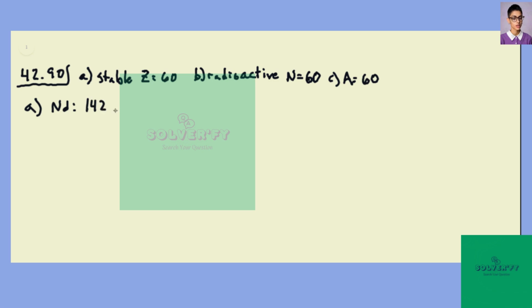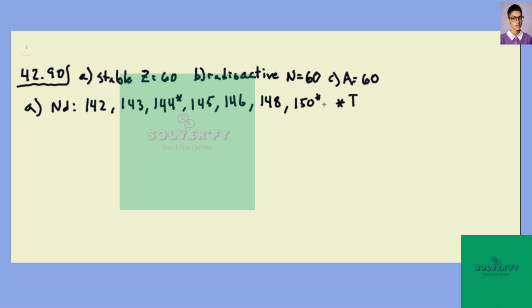So one source for this lists 142, 143, 144, an asterisk we'll get to momentarily, 145, 146, 148, and 150.